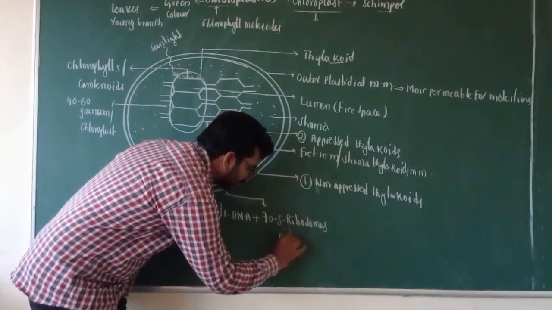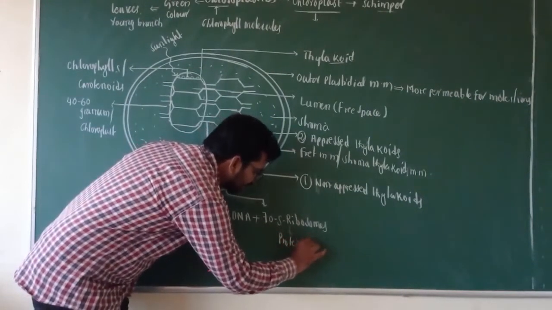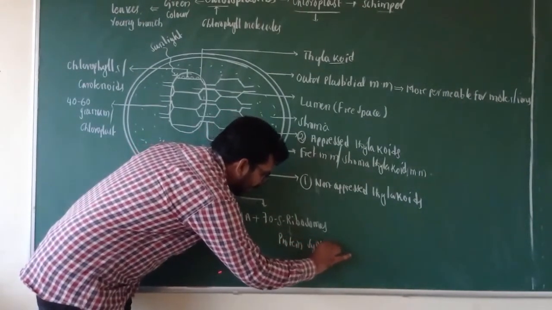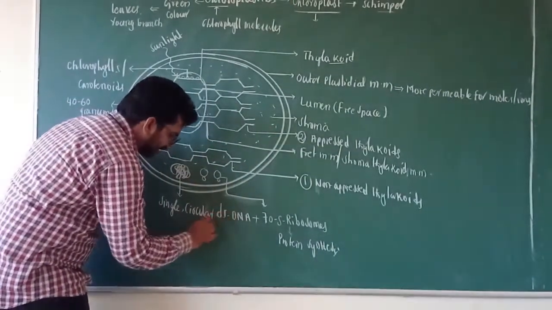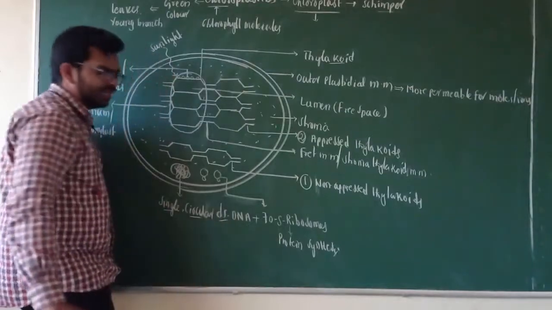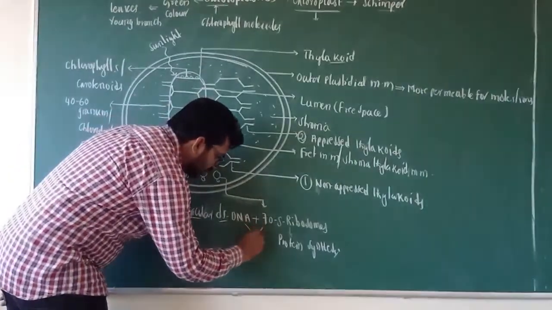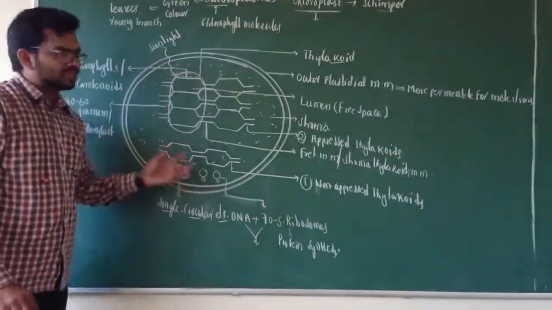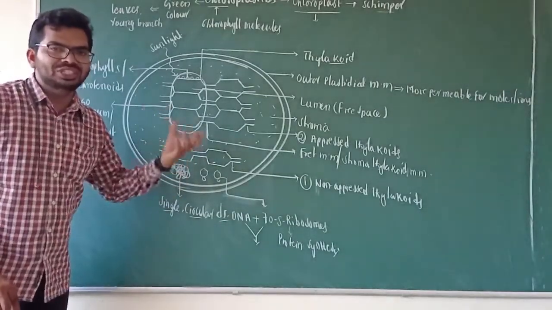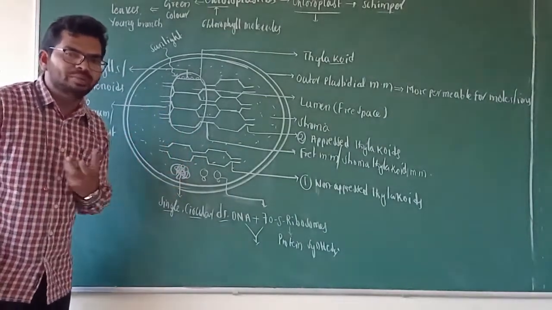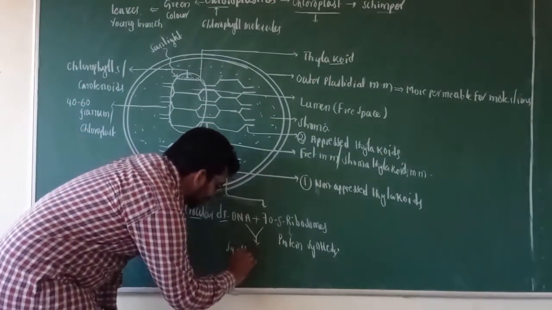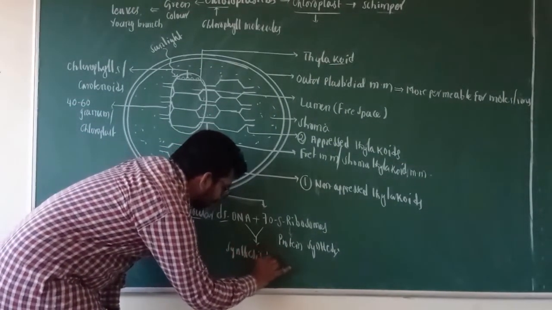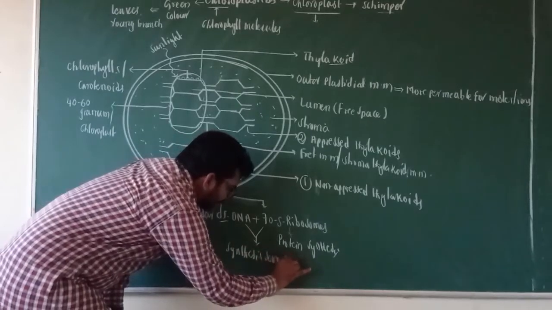They are involved in protein synthesis, and they have their own genetic material, single circular double stranded DNA. Because of these two properties, this chloroplast is able to synthesize some of its required proteins.